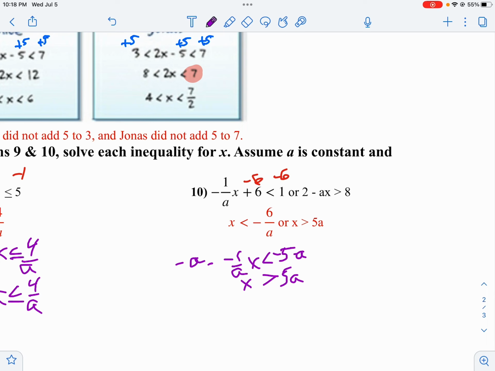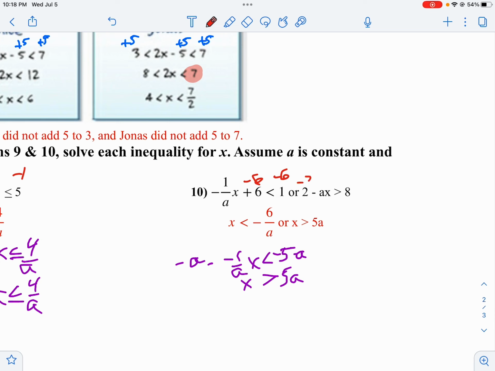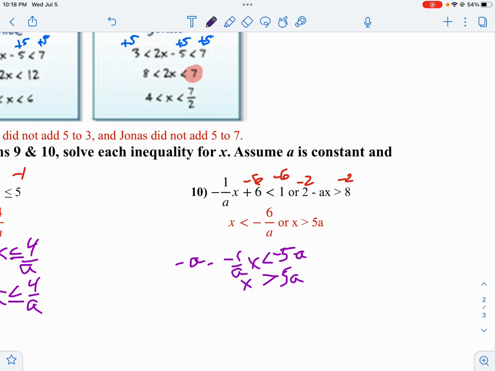Now, on the second part, we'll subtract 2 from both sides. At that point, we'll get negative ax is greater than 6. We want to solve for x. We'll divide by negative a.